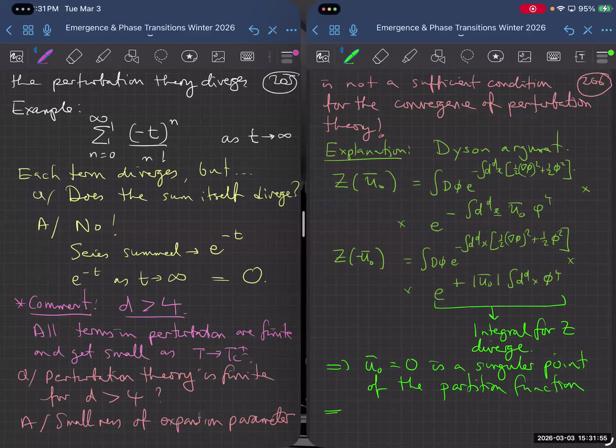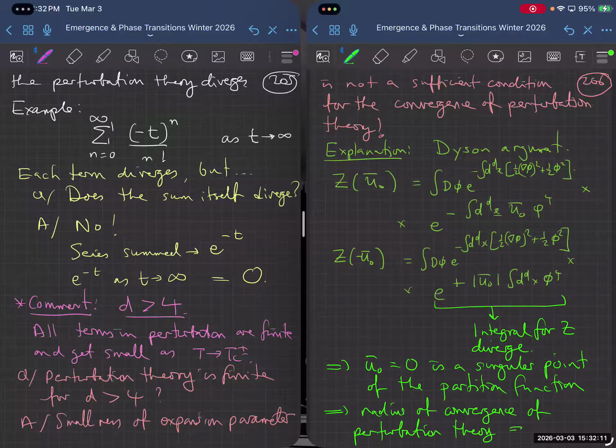And that implies that the radius of convergence of any perturbation theory is 0. And so because of that, if I'm doing a perturbation theory, it can't be convergent. The best it can be is asymptotic.